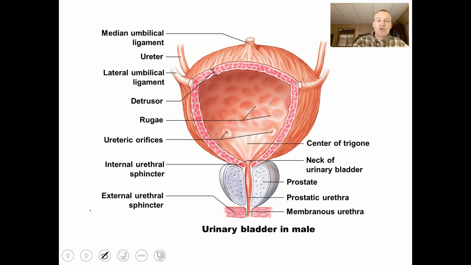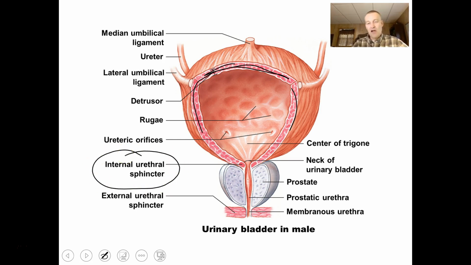Notice that there is muscle tissue there, so we have plenty of muscle tissue to contract to send urine to the urethra. Okay, there are sphincters at the outflow of the urinary bladder, so we can control when we go to the bathroom, at least when you're old enough to do that. Okay, and so this is a male urinary bladder. You can see it's going through the prostate, and females don't have that particular gland.